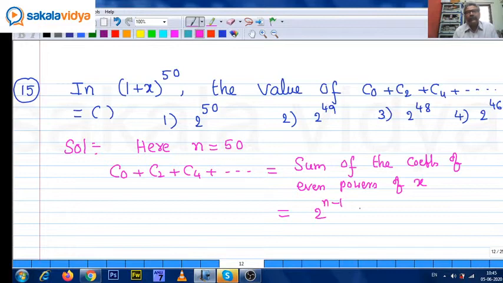N stands for 50, so 2 to the power of 50 minus 1, that is 2 to the power of 49. So that means the second option is the right option.